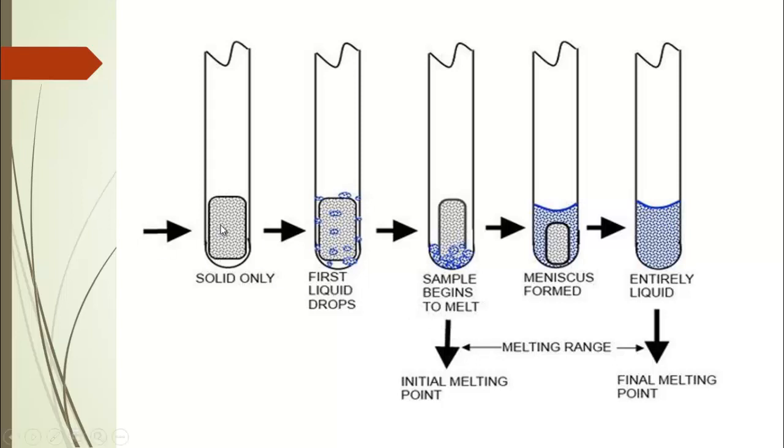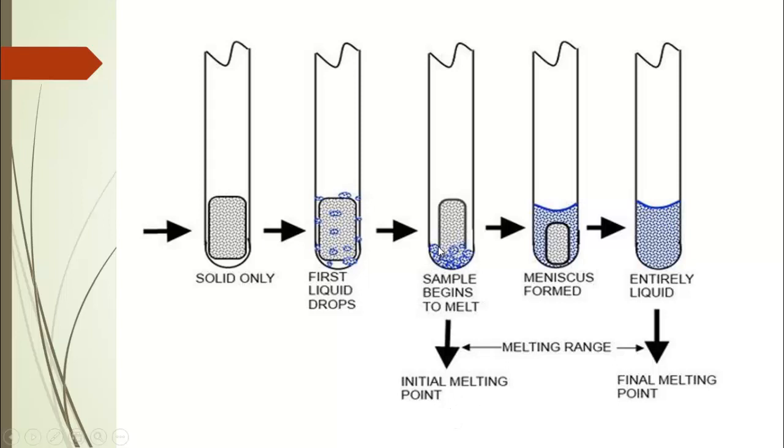How? Follow here, at first it is in solid state, then after some time when the water is becoming hot, at that time we will see the first liquid drops, then we will see the sample begins to melt. So from this stage is its initial melting point.